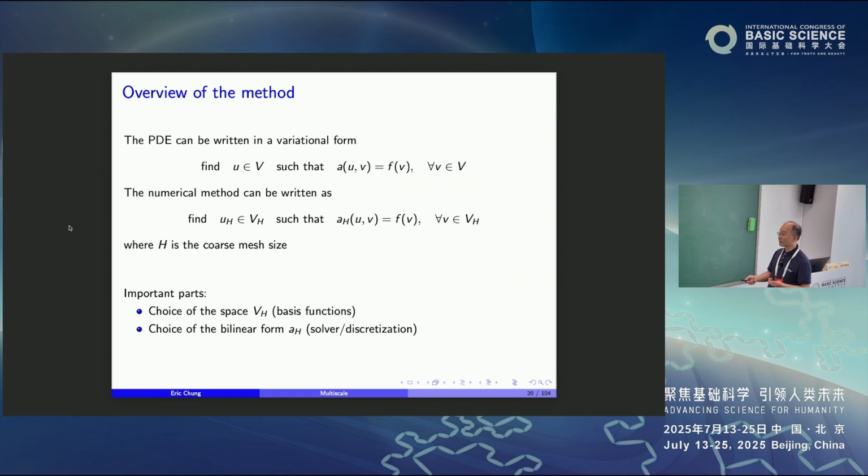And there's also an A_H that we have to define. This is not the same as the original A. As for a numerical scheme, this A_H can be different from the original bilinear form A, which means that in order to find a good scheme, there are two things we have to define: the space, and also this equation.